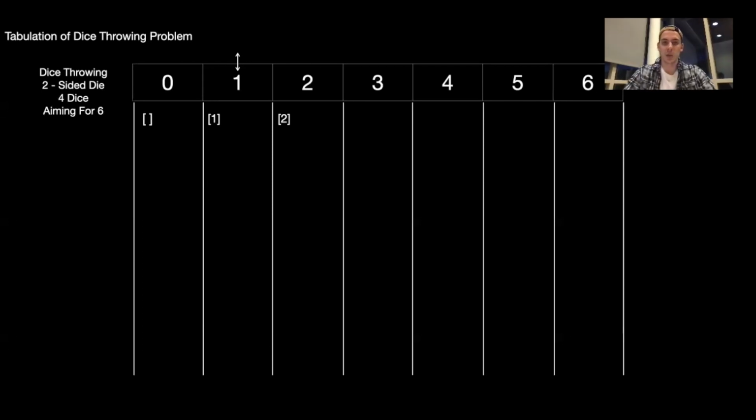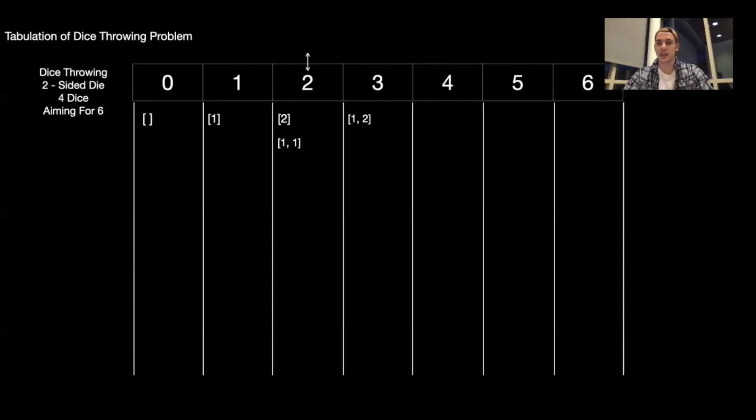Once again, our second die can either be a 1 or a 2. So if we roll a 1, the array 1, 1 goes in position 2, and the array 1, 2 goes in position 3. Now there's nothing left at position 1, so we can leave it and go to 2.